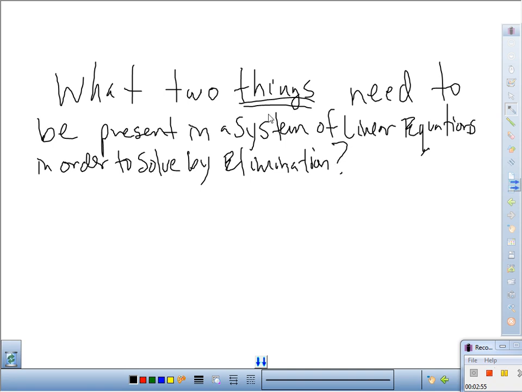Again, it says, what two things need to be present in a system of linear equations in order to solve by elimination?